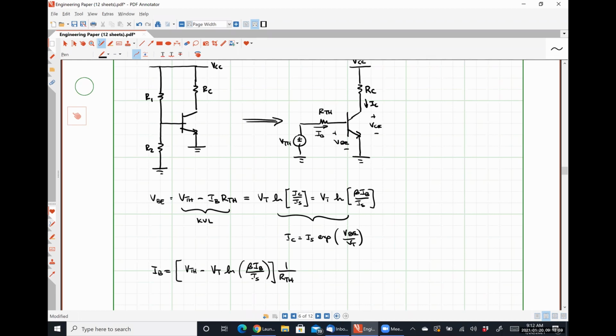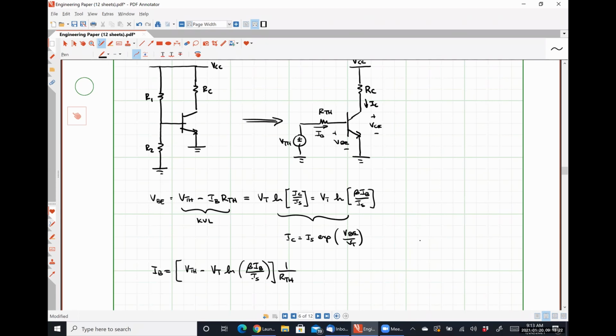And this gives me a one equation, one unknown system that I can solve to determine my base current easily for my particular resistor values, or my parameters, because the Thevenin voltage is dependent on the resistor values, the Thevenin resistance is dependent on the resistor values, and all that kind of jazz.